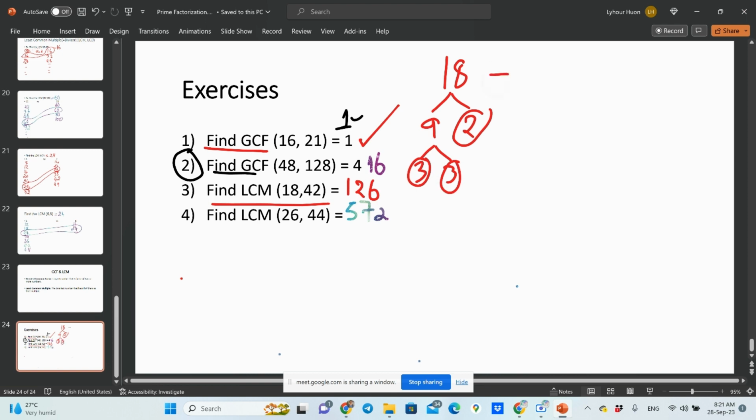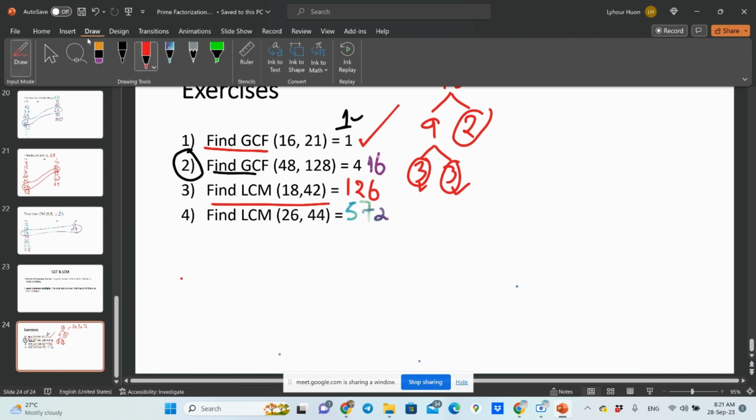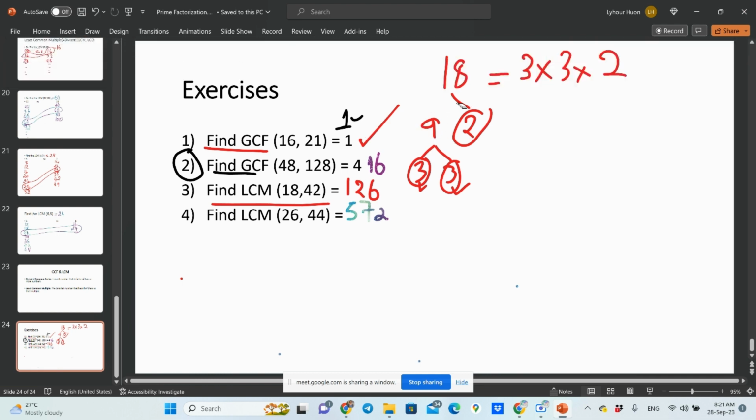So 18 equals 3 times 3 times 2, or 3 to the power of 2 times 2. Okay, now we have 18.